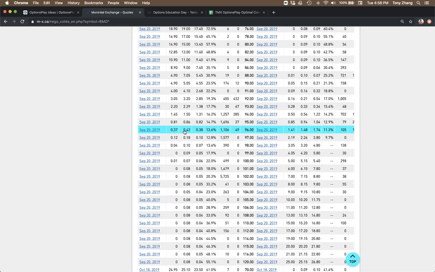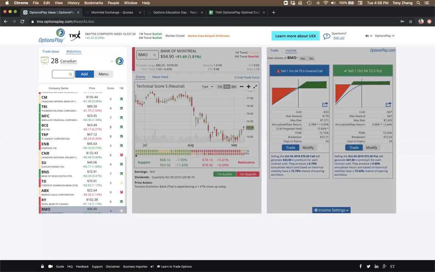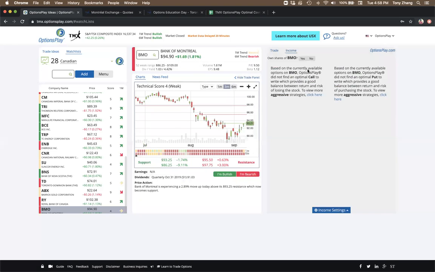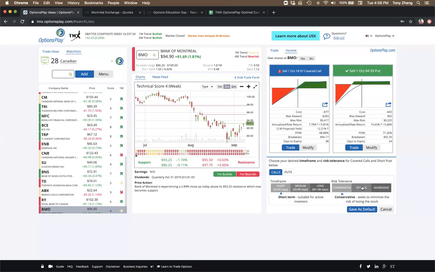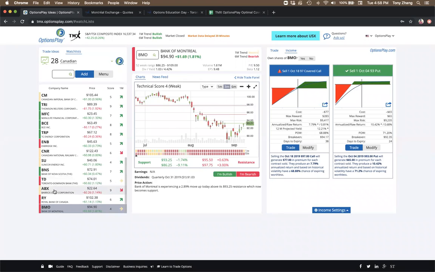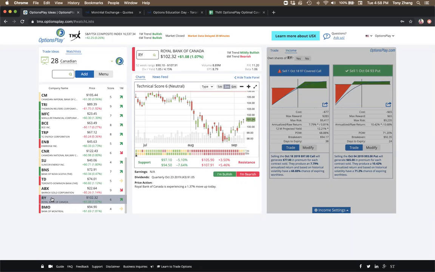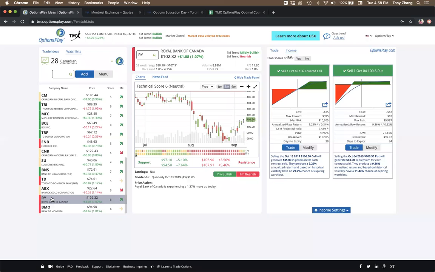And am I going to get enough yield from that to beat the dividend? There's a lot of manual work involved in that, versus here, you just type in a symbol, and we'll tell you which covered call to sell or which cash secured put to start with. And you can use the income settings to create your own settings, save this as default, and then click on any symbol and immediately see which covered call or cash secured put makes sense.